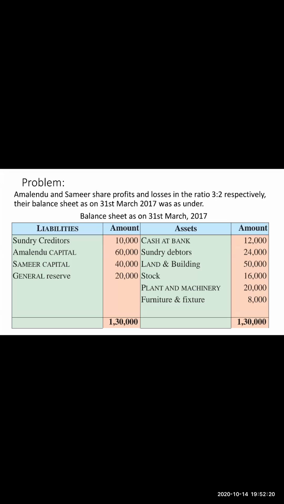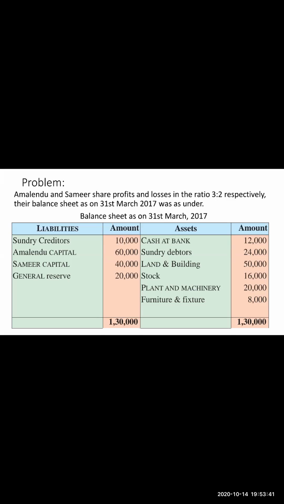Okay, so I just want to know from your side whether you can see any accumulated profit or accumulated loss in the balance sheet. Okay, Aniket, it's correct. There is one accumulated profit given.